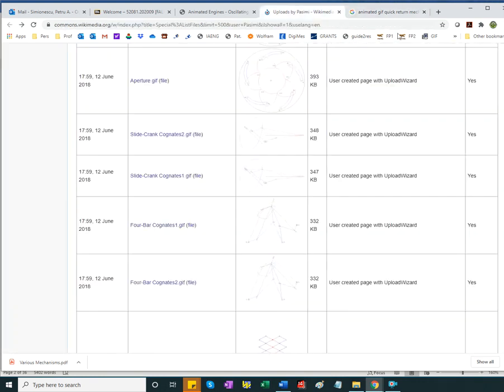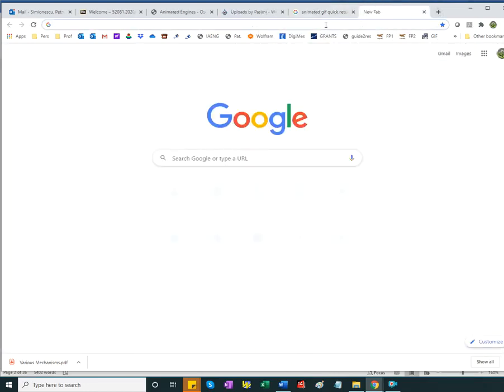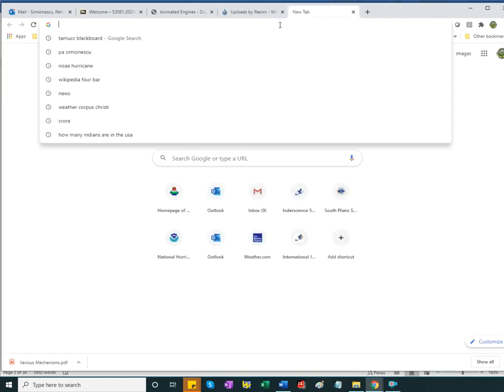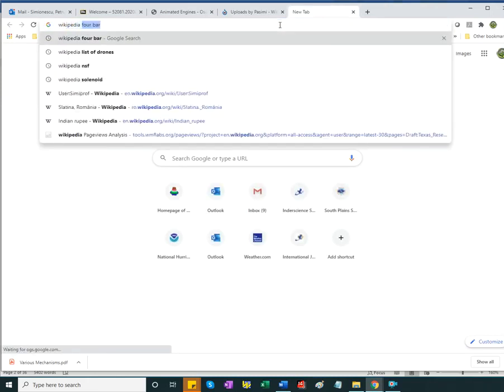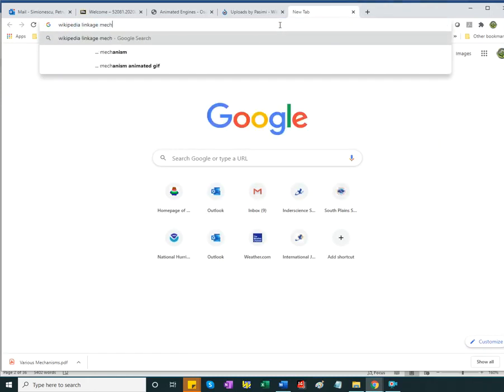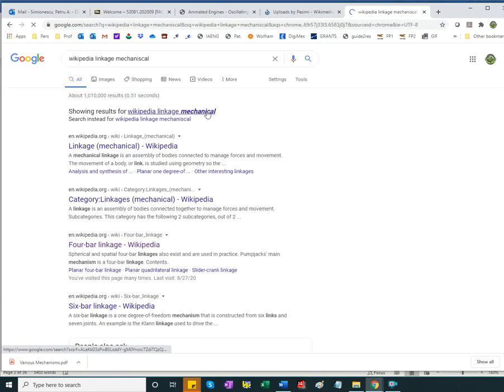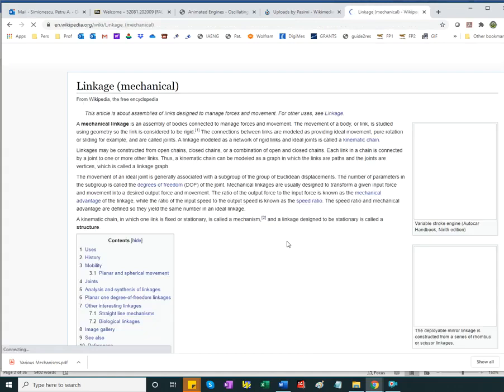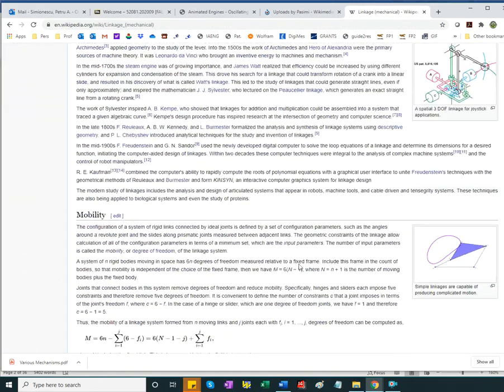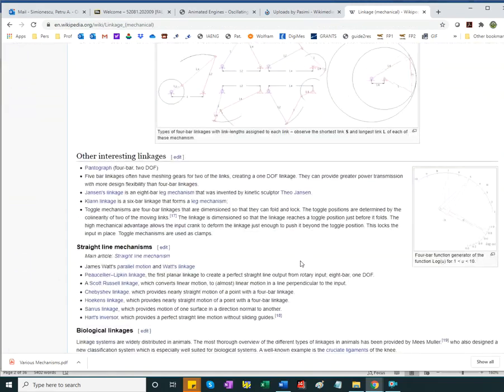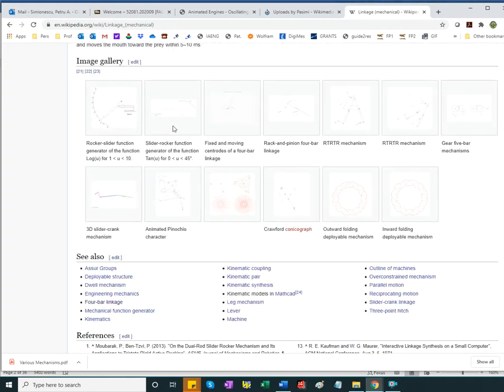We'll find my own, and I can project, or maybe let's see, Wikipedia. Linkage, mechanical. Maybe it's here. Maybe same business.